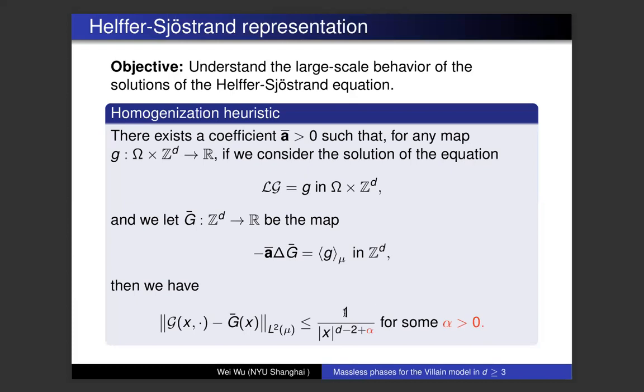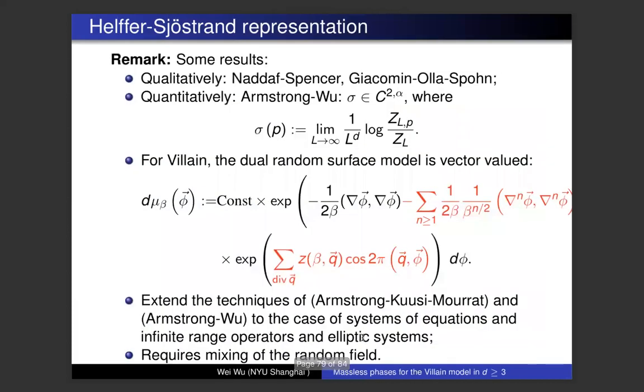For example, it decays even faster than 1 over x to the d minus 2. So this is the connection between Gibbs measure, elliptic PDE, and homogenization. This was first done qualitatively in the paper of Naddaf and Spencer, and also in some probabilistic form in the paper by Giacomin, Olla, and Spohn.